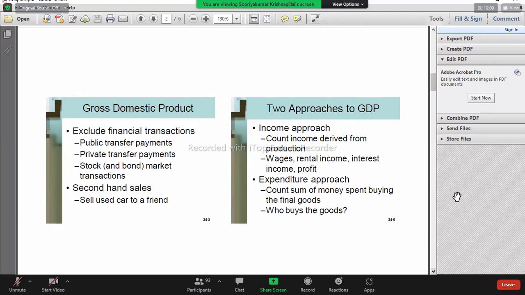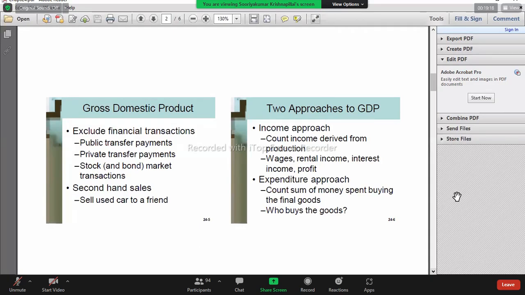So the four factors of production involved in any production receive income in the form of wage, rent, interest, and profit.